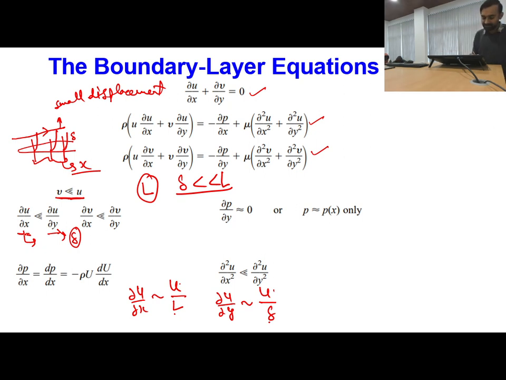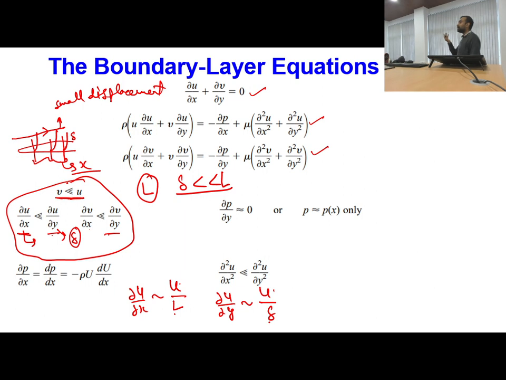That's why for the thin boundary layer, I can say that del u by del x will be very small in comparison to del u by del y, and similarly del v by del x can also be approximated as very small in comparison to del v by del y. Okay, so these three conditions come because of the presence of the thin boundary layer. It means delta by L is small. Is everyone clear with this idea?